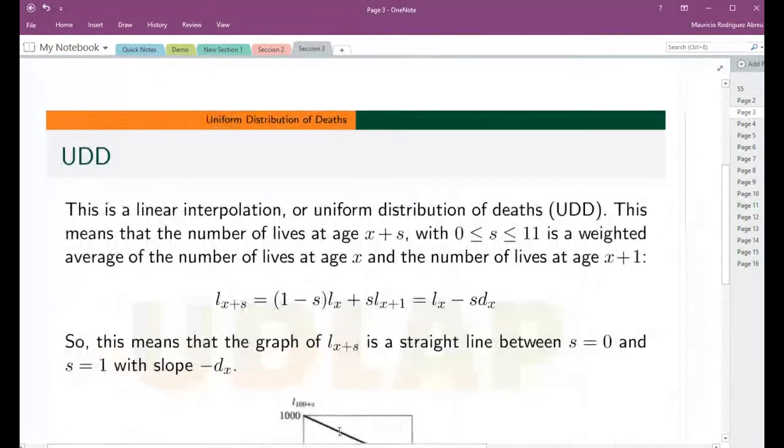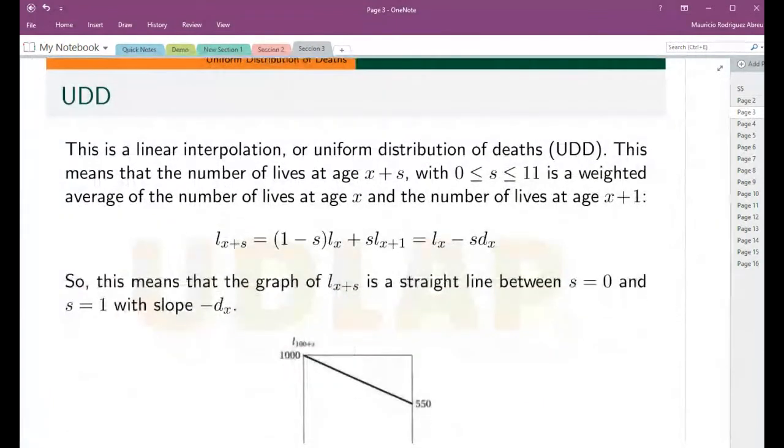The first one is the uniform distribution of deaths, and it is in the name. Essentially, if we have survivors at age x, l_x, and then survivors at age x plus 1, we can get the total number of people who died.